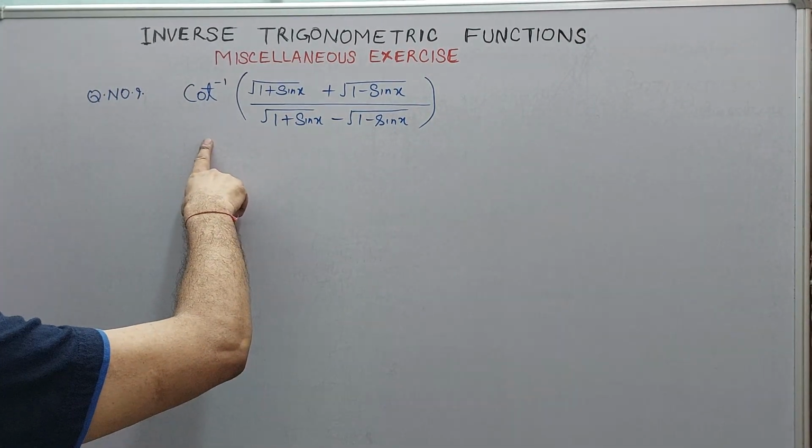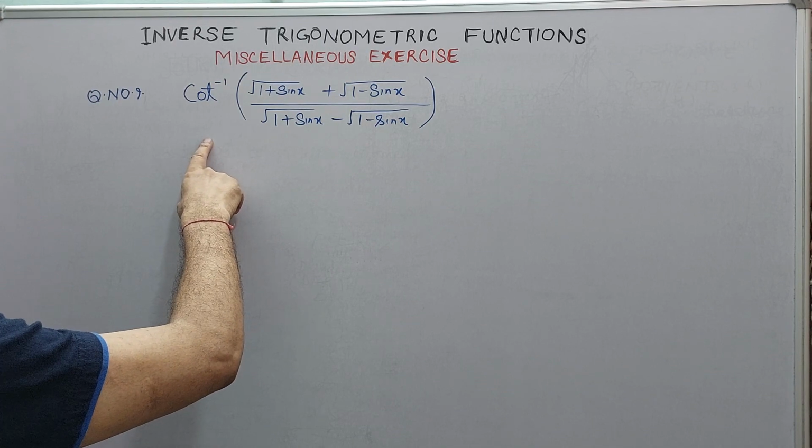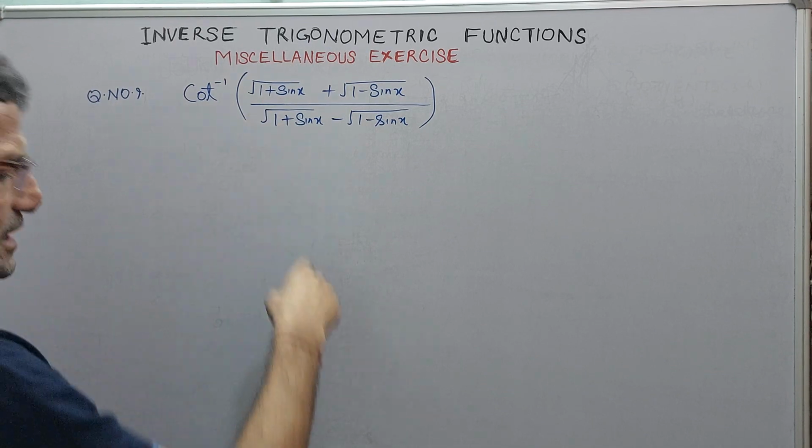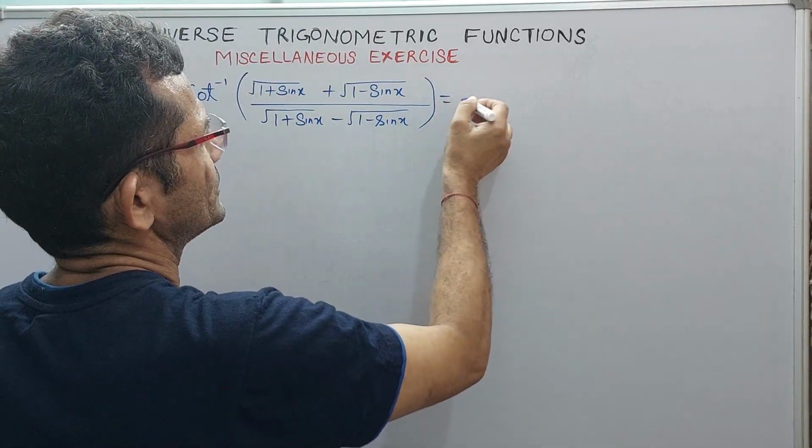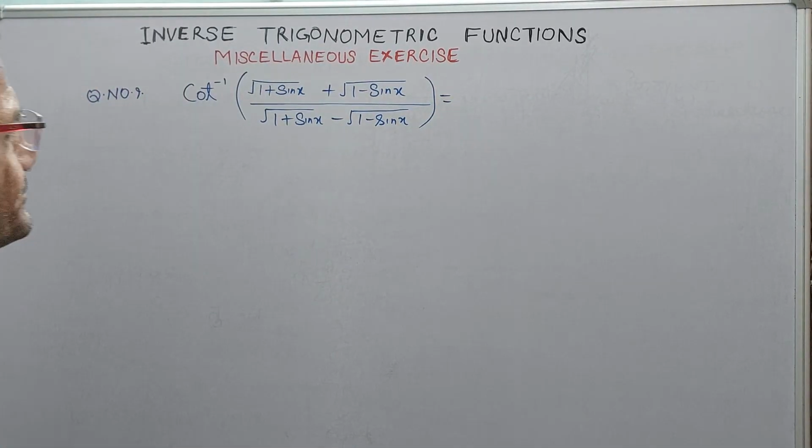If I convert cot inverse and just interchange the denominator and numerator, now it becomes tan inverse. We have to simplify it.